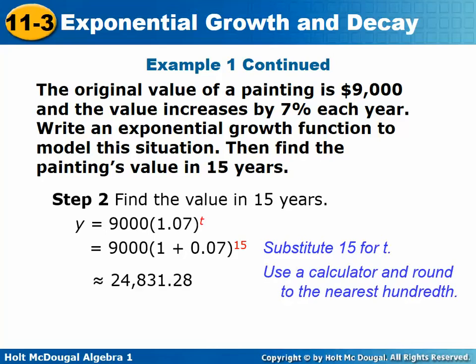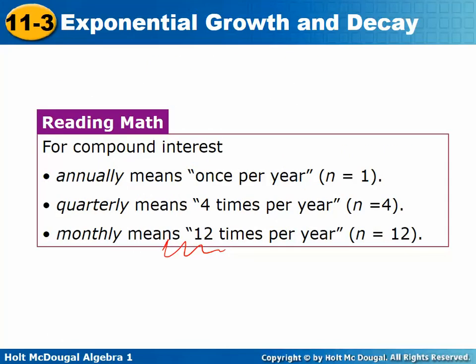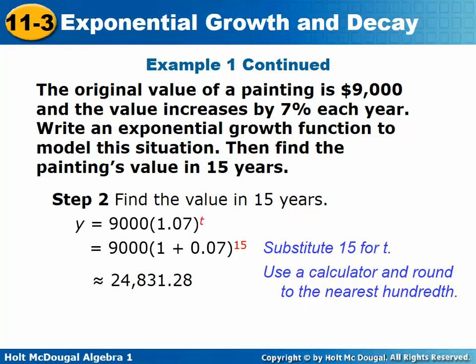I don't know why they did that. You would just leave this as 1.07, and then take that to the 15th power. Now remember that you have to do that before you multiply by 9,000. When you do that, you leave the 1.07 to the 15th on your calculator, hit equal, and then multiply that by 9,000, and you get your answer.